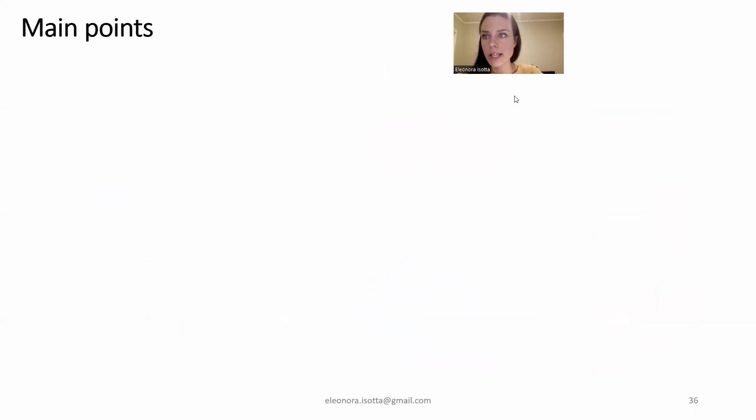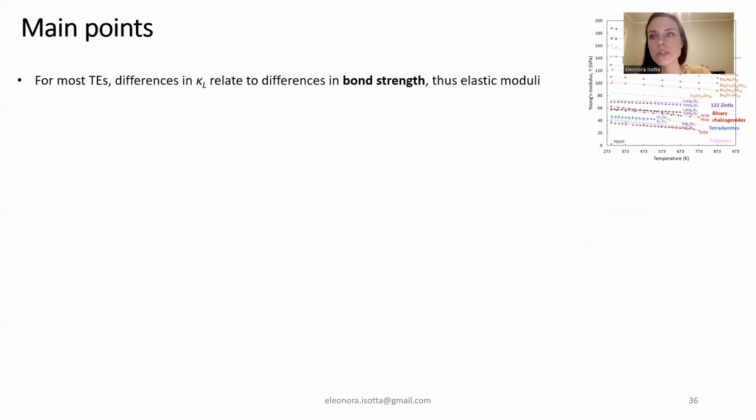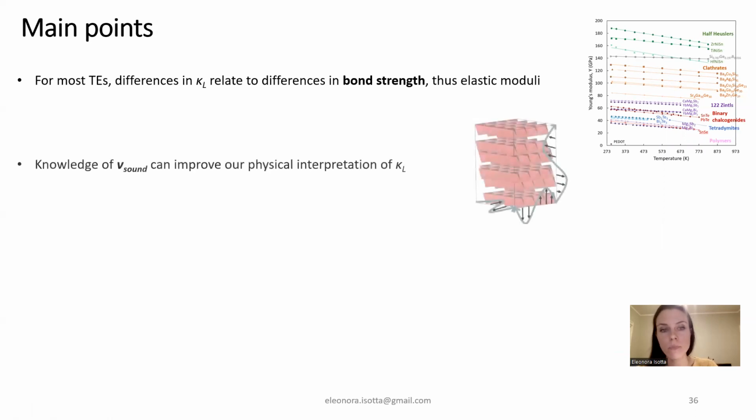So with this, I would like to wrap up what we saw in this presentation. First of all, we saw that for most thermoelectrics, bond strength is going to be a strong parameter that will determine the elastic moduli and in turn have an effect on lattice thermal conductivity.